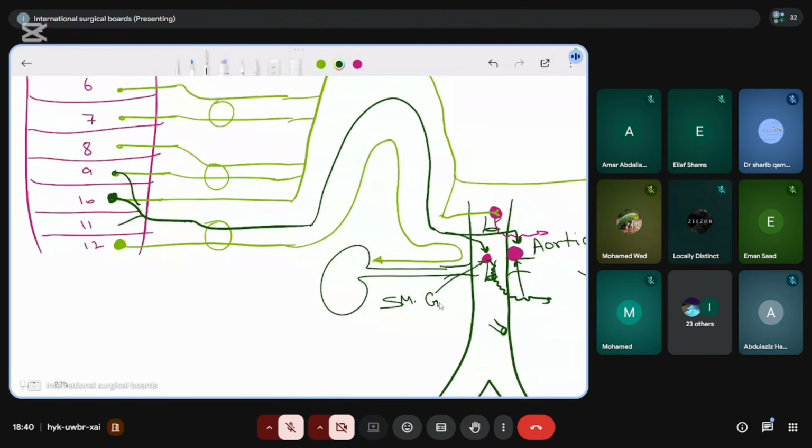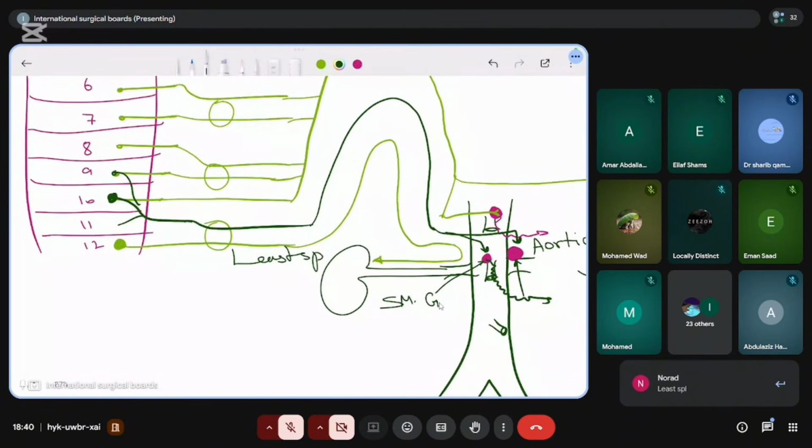It synapses at a plexus here called the renal plexus and supplies the kidney and ureter, but not the adrenal gland, okay? The adrenal gland, as I told you, is supplied by the greater splanchnic. This nerve is called the least splanchnic nerve.